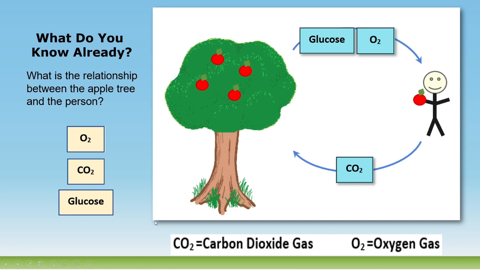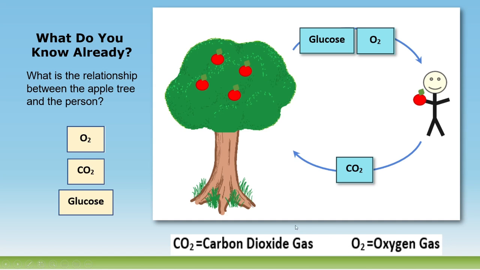Just to be clear, CO2 is the formula for carbon dioxide gas, and O2 is oxygen gas. You need to be familiar: you may see carbon dioxide, you may see CO2, you may see O2, or you may see oxygen gas.